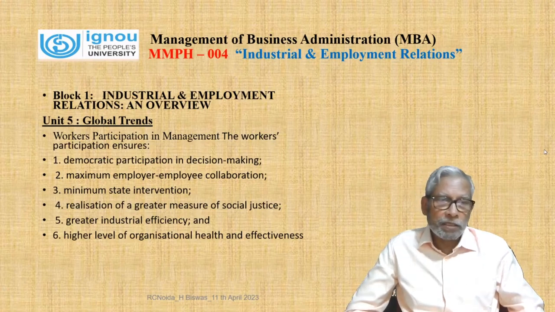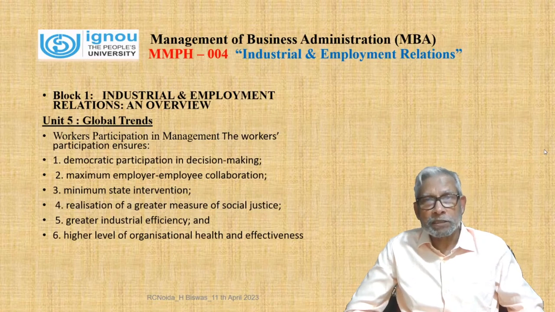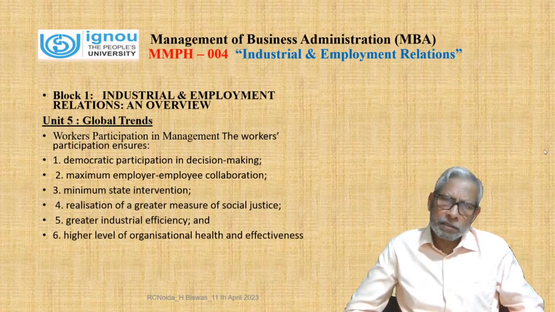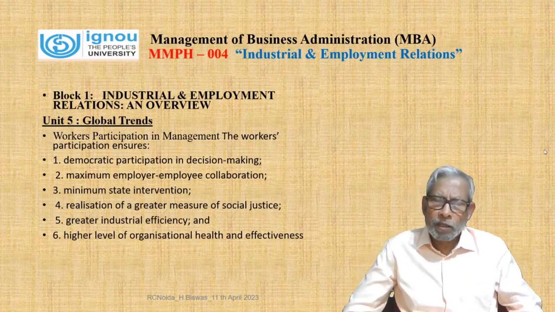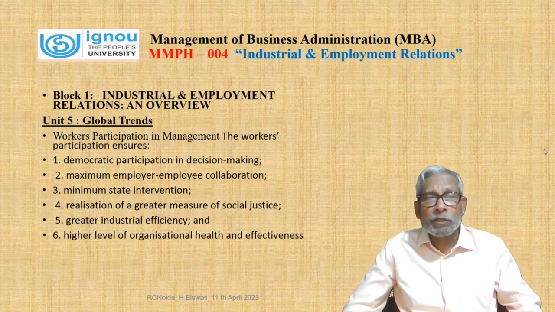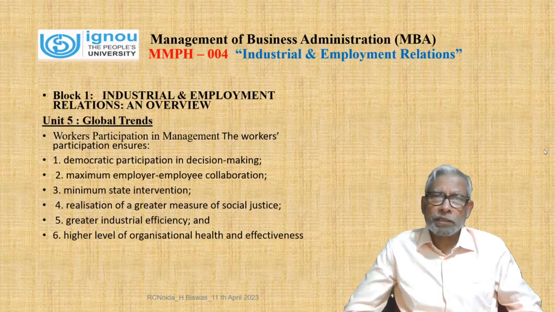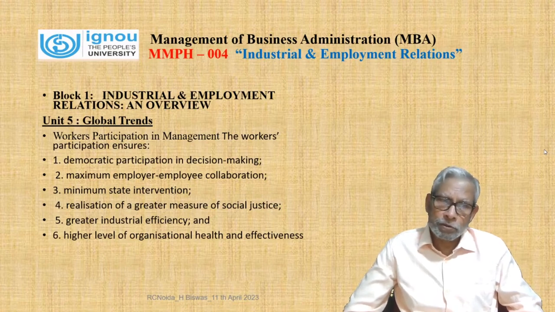And number four is the realization of a greater measure of social justice. So what are the justice measures already given? Everybody has to realize and appreciate these things and follow them in a disciplined way all around.